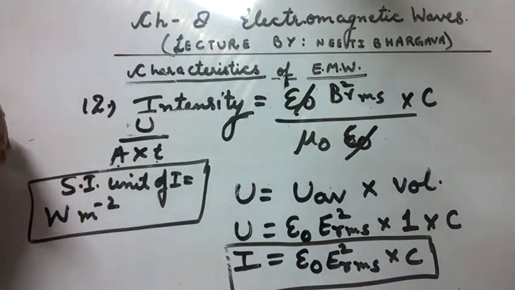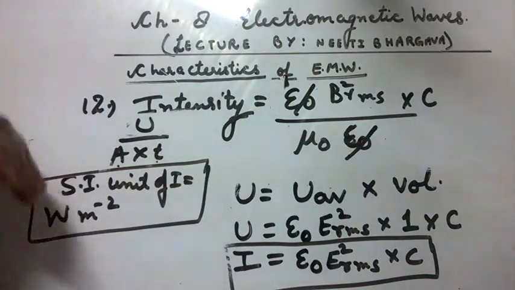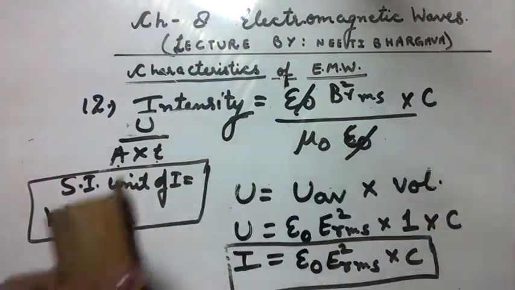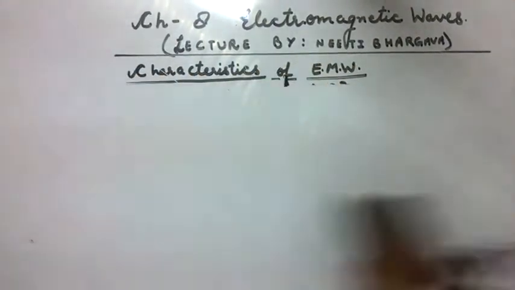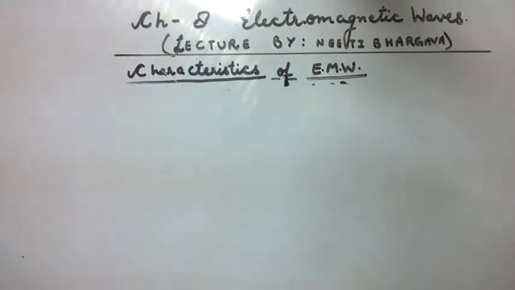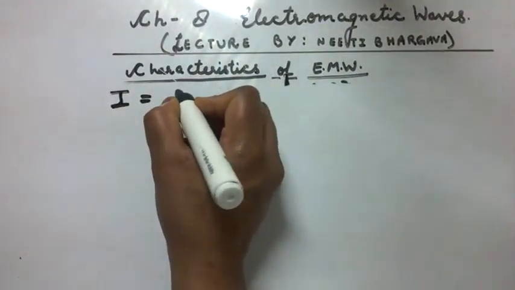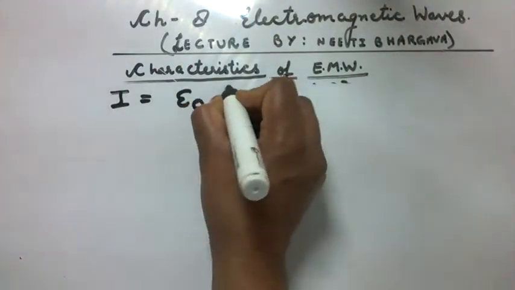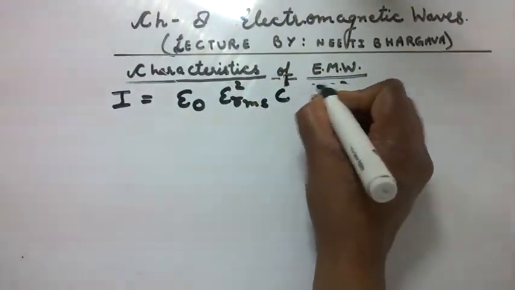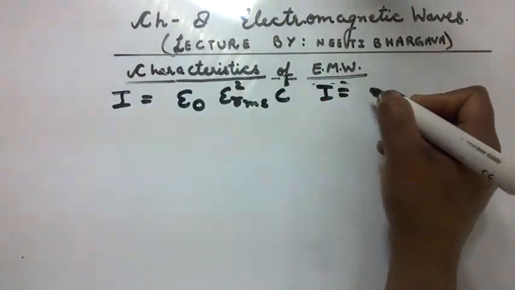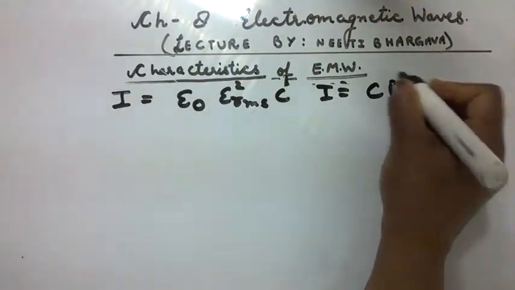So let's study about Poynting vector and its value. As we have studied, intensity is epsilon naught E_RMS square C, and also I in terms of magnetic field is C B_RMS square by epsilon naught.